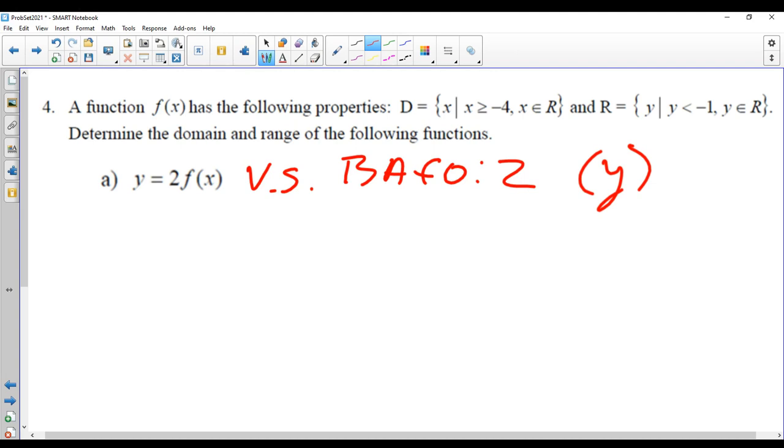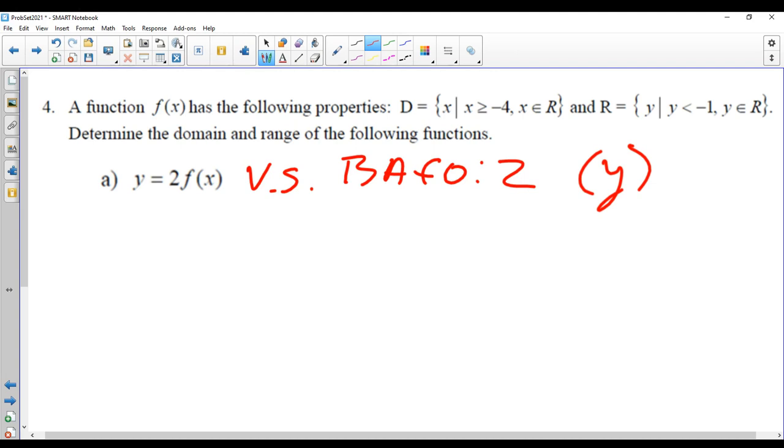If my domain used to be this, and I'm doing a vertical stretch, what's going to happen to my domain? What's going to happen to my domain with this vertical stretch by a factor of 2? You want to say what, Suchir?